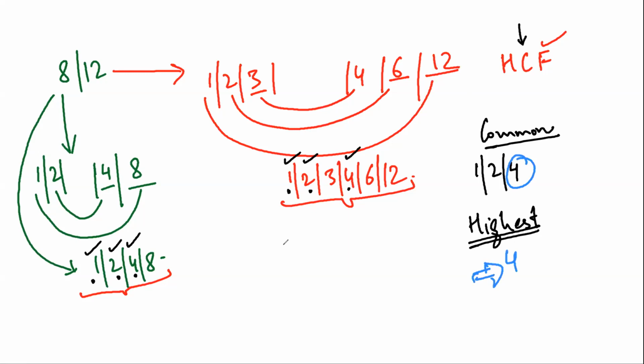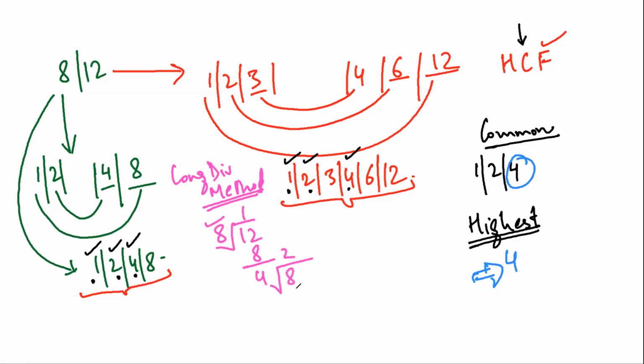Again, what we can do is to shorten this process. We can use the long division method. So 12, 8, 8 ones are 8, 4. This I bring in here, 4 twos are 8.